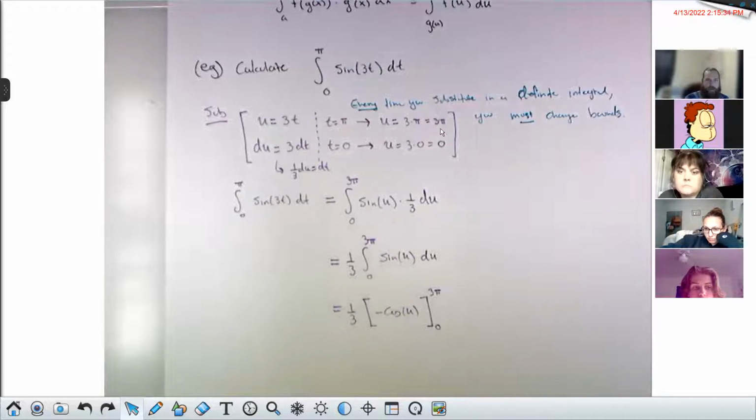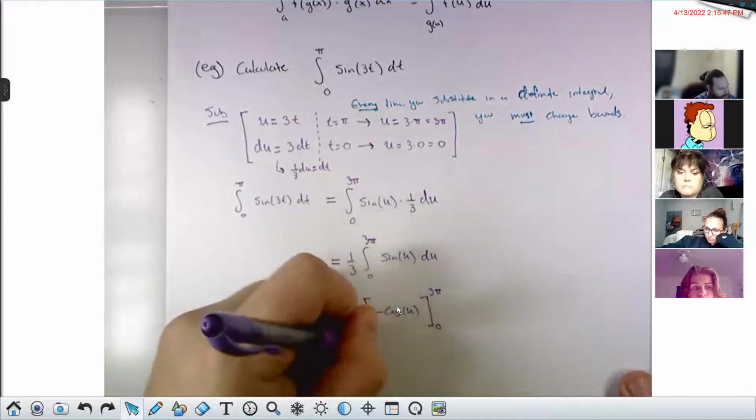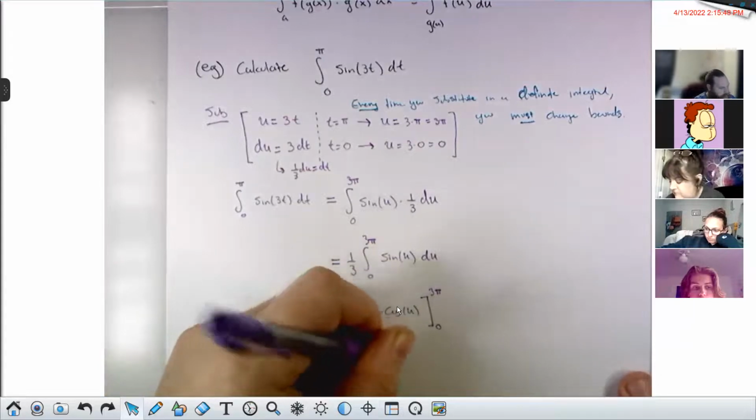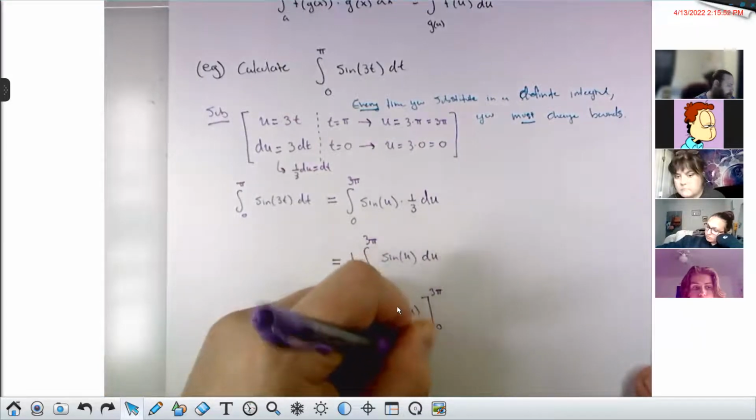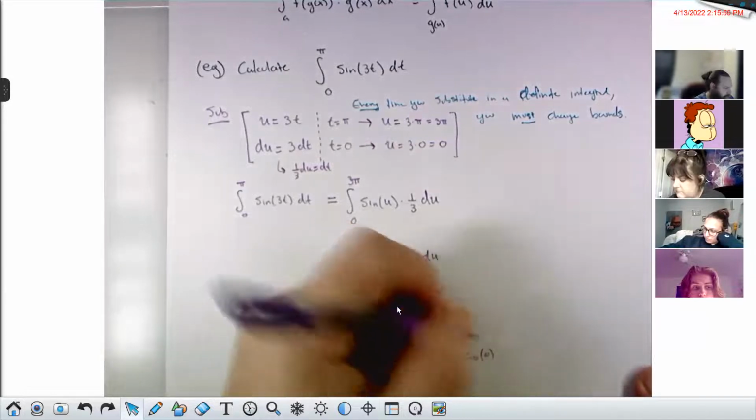And because we changed these bounds, we can evaluate this antiderivative between these new bounds without ever plugging back in 3t. So this is 1/3 times negative cosine of 3 pi minus negative cosine of 0.